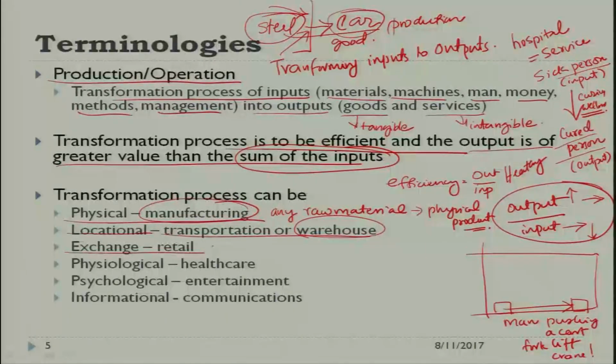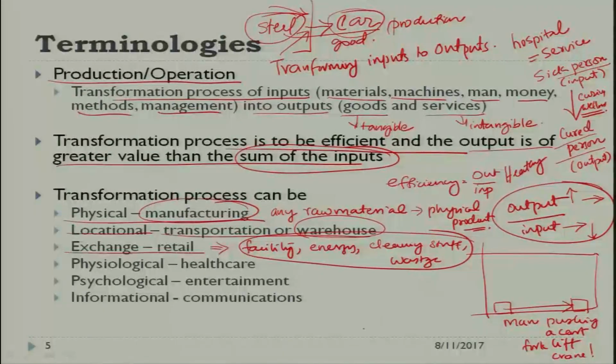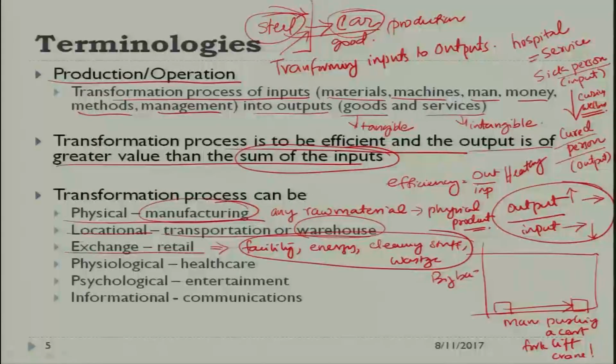For example, if you go to a big retail shop, obviously there is a facility that consumes energy, it has cleaning, wastage, etc. There are multiple ways in which a retail facility, where you think you are just buying things, like a big bazaar shop, can still find ways to operationalize or come up with a better way of doing it, so that the same output can be reached with less input, or for the same input more output can be reached.